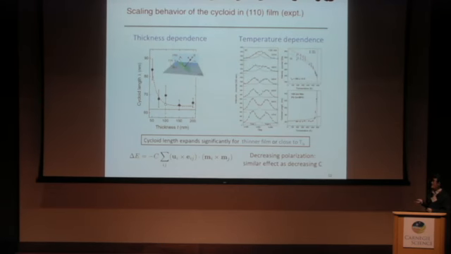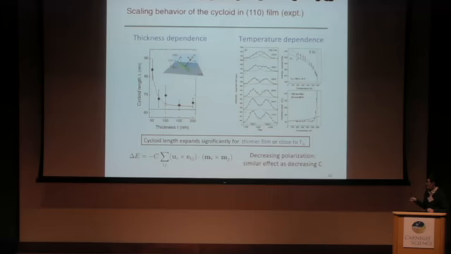At the end, I want to show you the scaling behavior of the cycloid in 110 film. And these are experimental results with neutron diffraction. What is found is that the cycloid period increases significantly with thinner film thickness or with the increase in temperature, in particular approaching the Néel temperature. So this is the thinner thickness and increase in temperature.